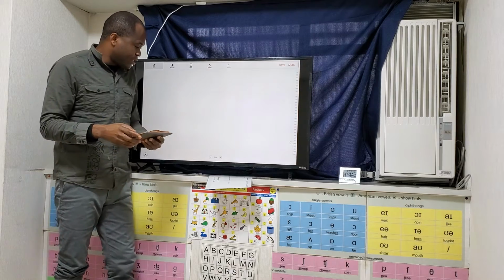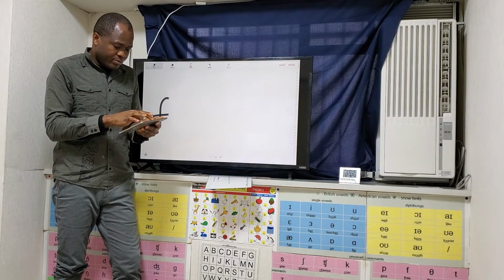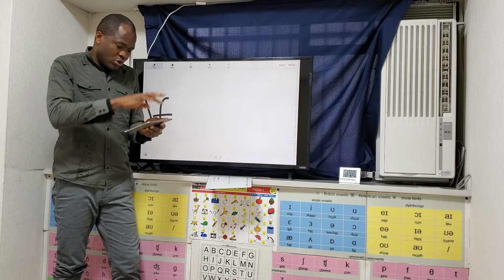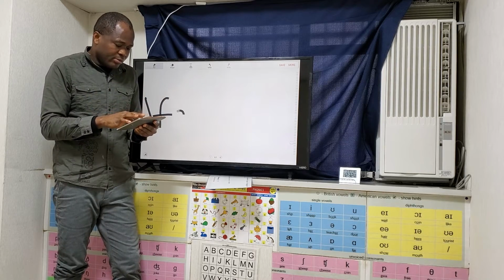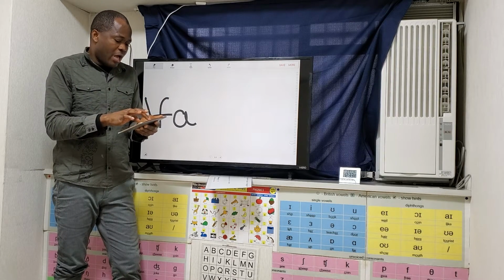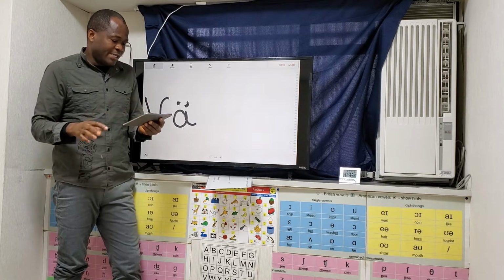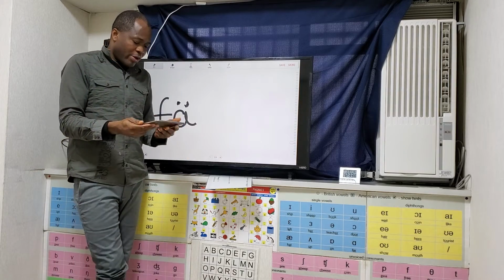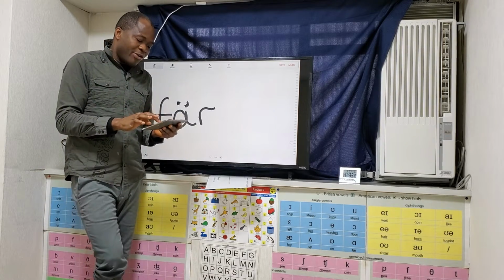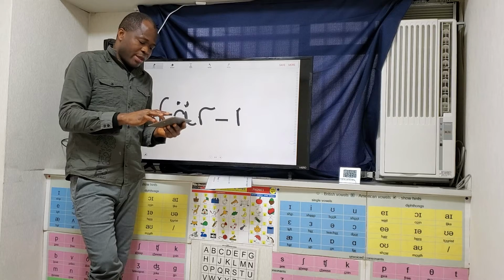American pronunciation. Remember I said America goes to the right. On top of the R, there are two dots. I talked about this in our previous lesson. And we have the R. Remember, in America, R is very strong.